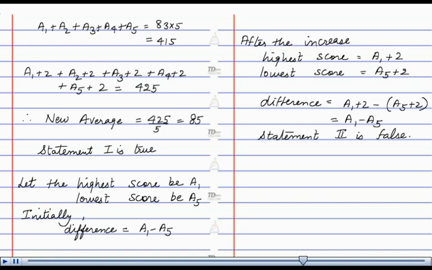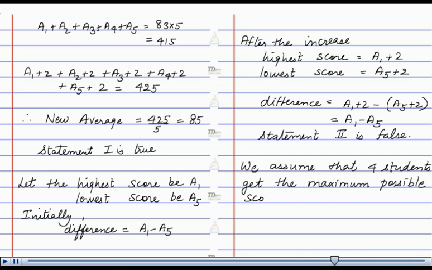Now, for statement 3, we have to find out the lowest score that a person can get. So for that, we assume that 4 students get the maximum possible score. That is, A1 equal to A2 equal to A3 equal to A4 equal to 100.